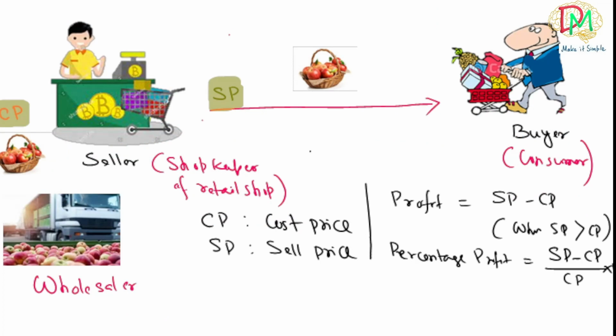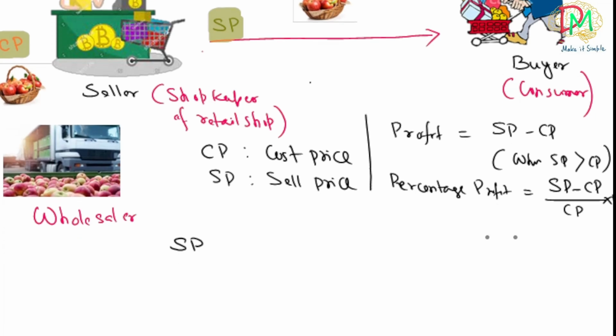But in the real world the picture may be different from a profitable business. Sometimes, if the seller stocks too many goods but sales go down, they sell at a price less than the cost price. So the selling price becomes less than the cost price, and at that time the seller incurs a loss.